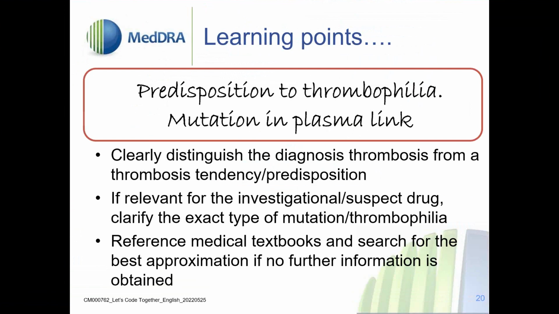If specifics of the mutation and type of thrombophilia are relevant for the product in question, then it would be recommendable to query to find out the exact type of the mutation and the etiology of the thrombophilia, and many of you have voted to query this term. And we should always reference textbooks and search for the best approximation if no further information is received about the type of mutation and subsequent thrombophilia.